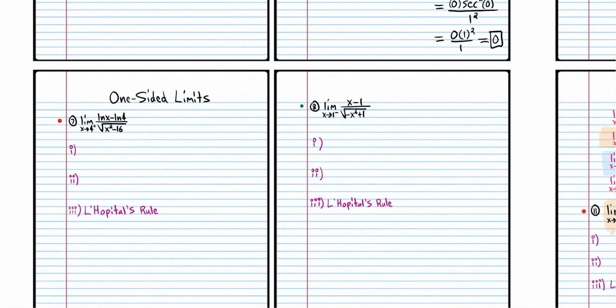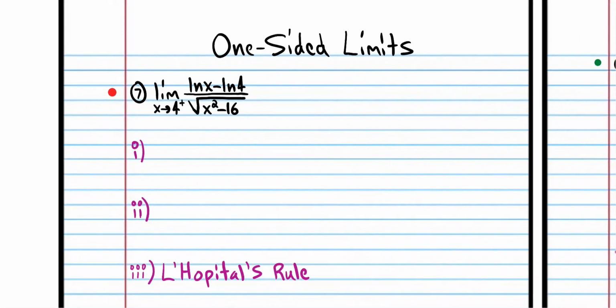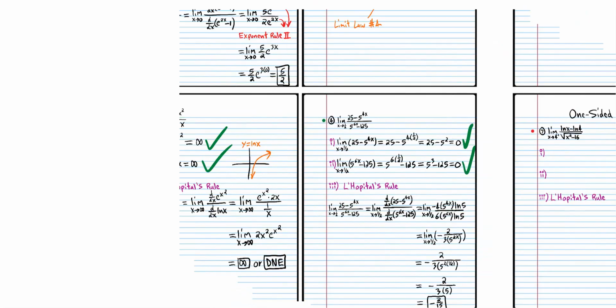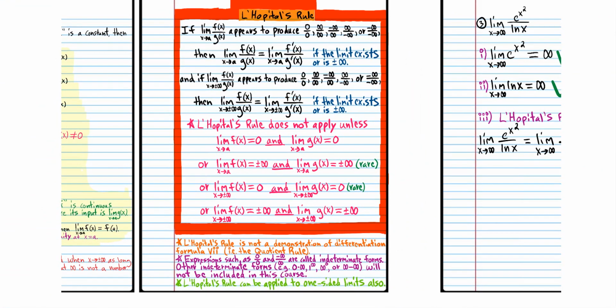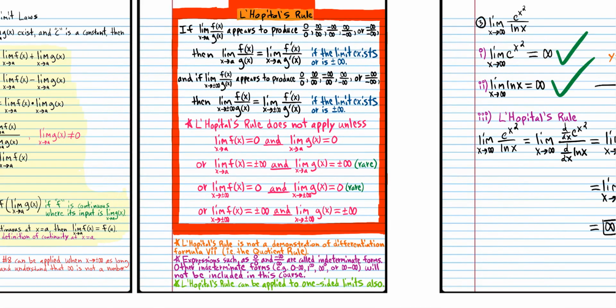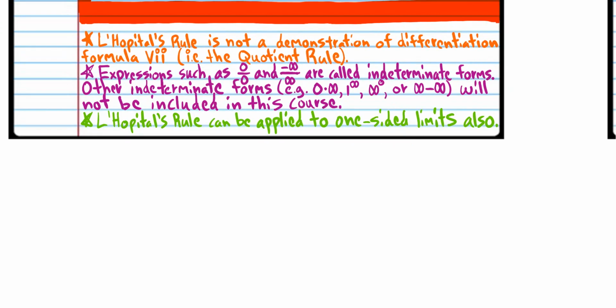Okay, so now we're going to go on to one-sided limits. As I mentioned, L'Hopital's rule works for one-sided limits also. You can see down here, L'Hopital's rule can be applied to one-sided limits also.